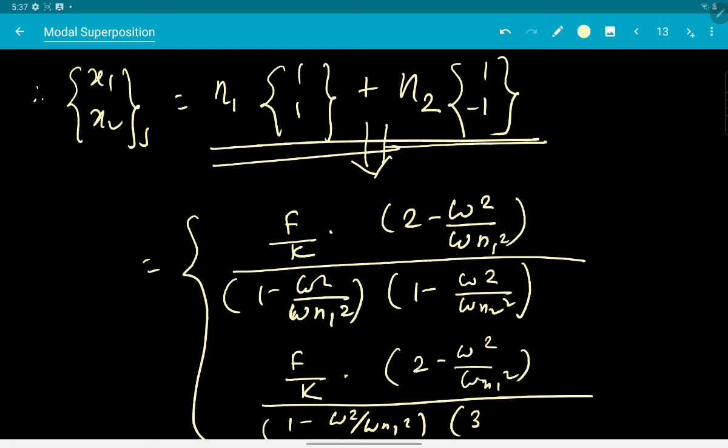This will be equal to omega n2 square by omega n1 square minus omega square by omega n2 square, and this is omega into. So this is how it is going to come.